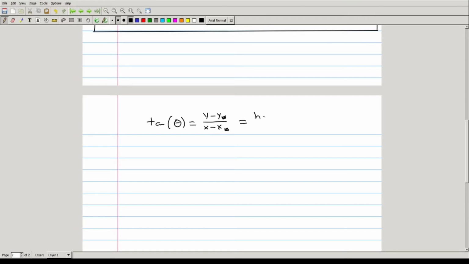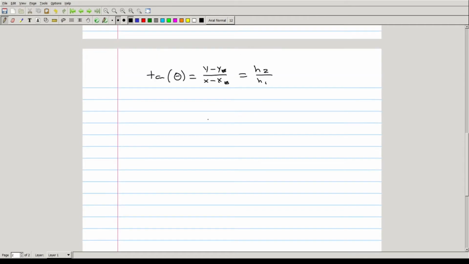Which in terms of h is h2 over h1. So again, if we differentiate, we obtain secant squared of theta times theta prime by the chain rule, and by the quotient rule this will be h2 prime times h1 minus h2 times h1 prime divided by h1 itself squared.